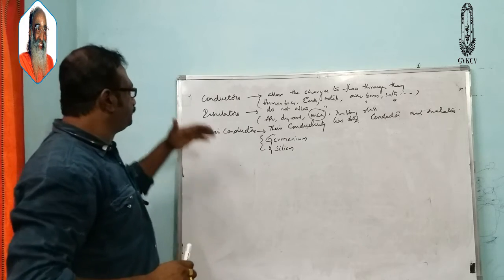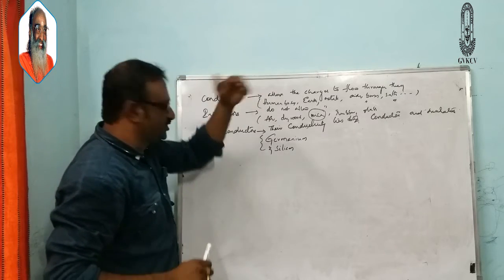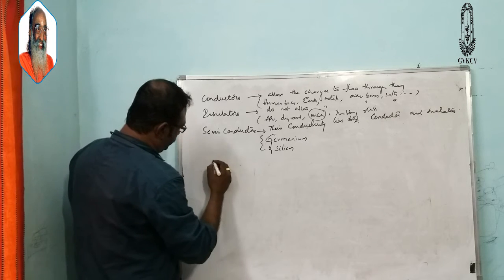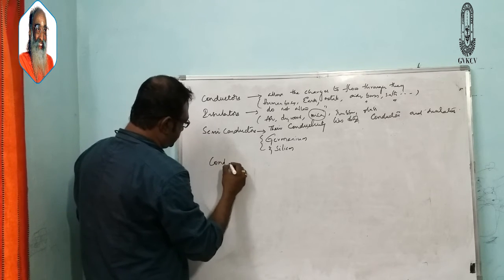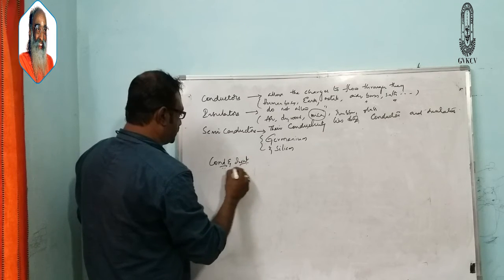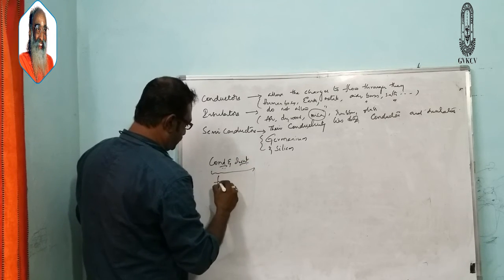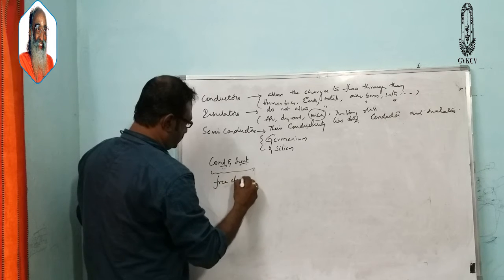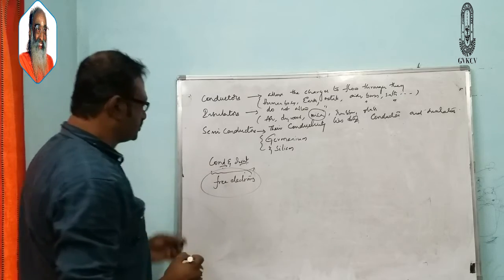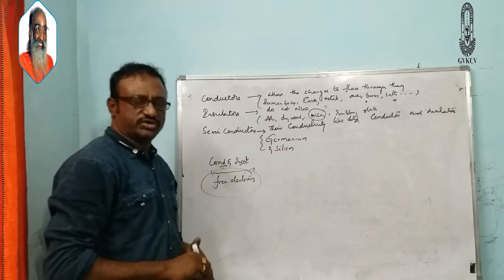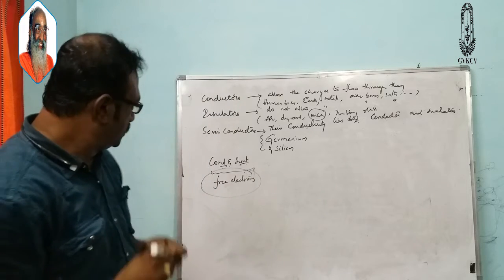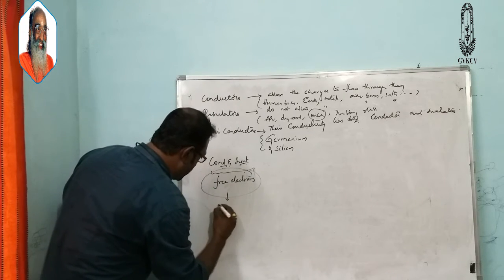Now we understood the definition and some examples. Now let us understand the difference between conductors and insulators in terms of free electrons. What are these free electrons? These free electrons are the electrons which are not bound to any particular atom.